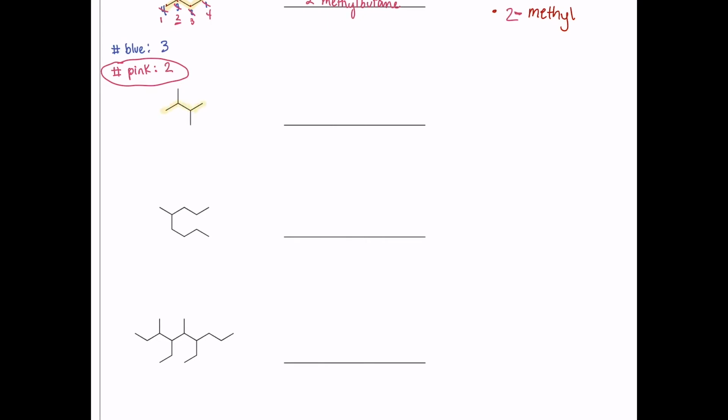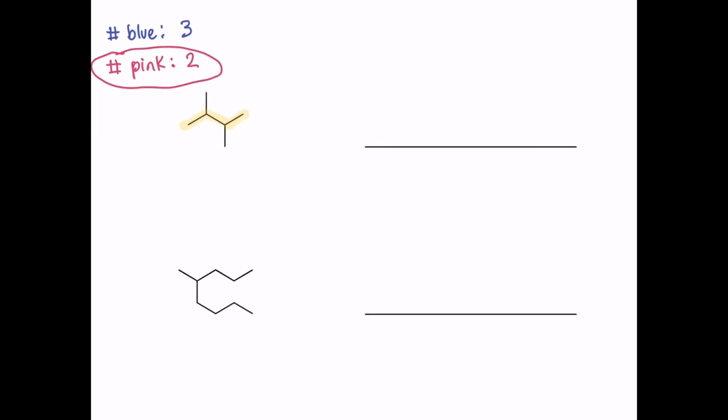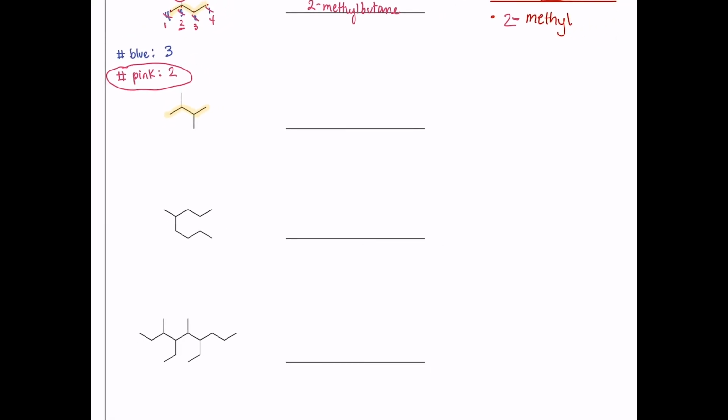But I like to keep my life easy, so I'm going to go with the one that's just straight across. Again, I draw my line, and we've got 1, 2, 3, 4 carbons, so it's butane. This time, though, I have 2 substituents.